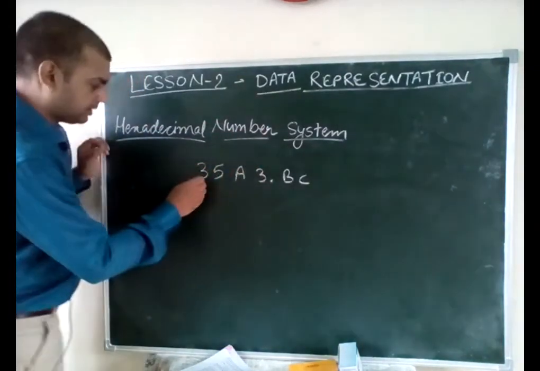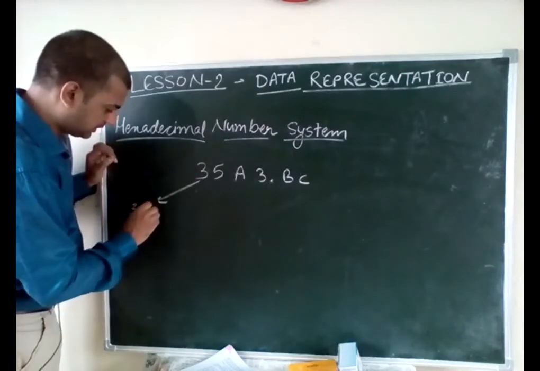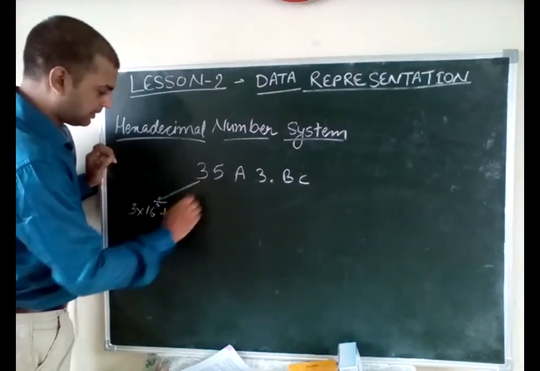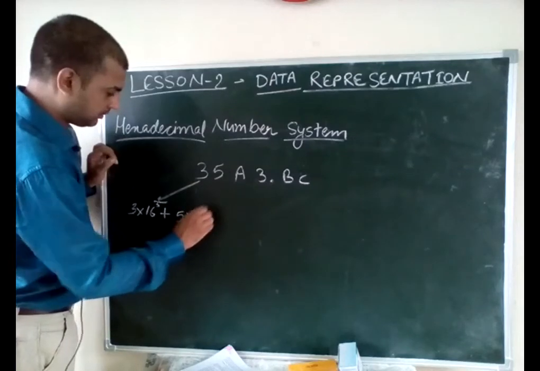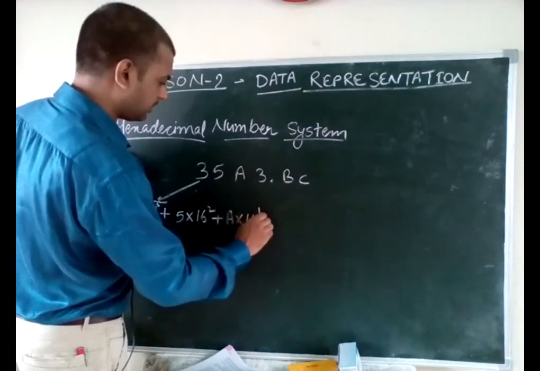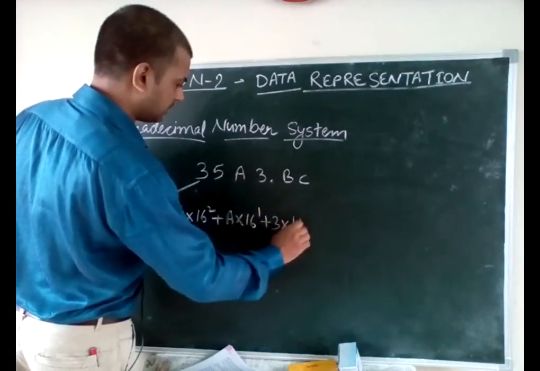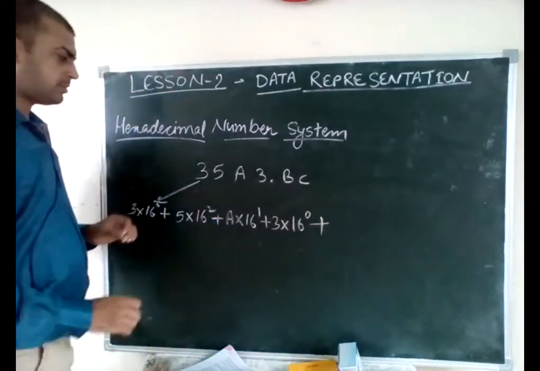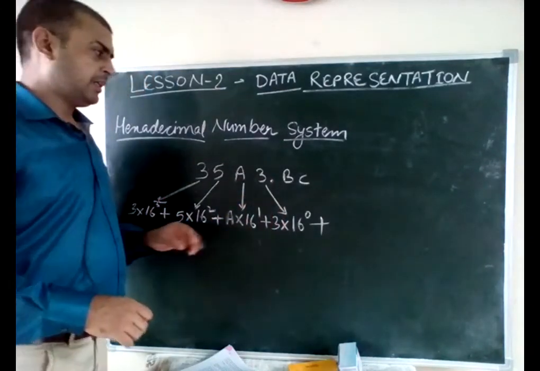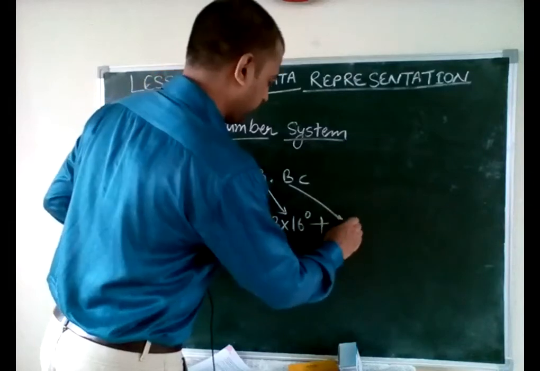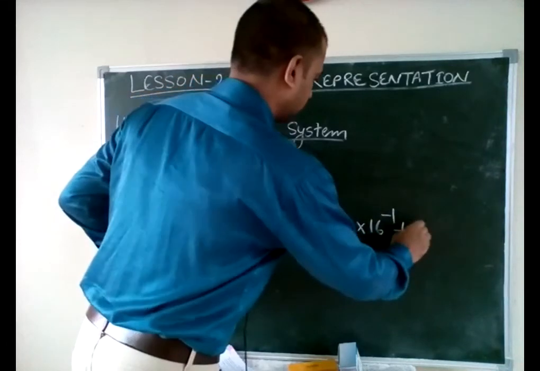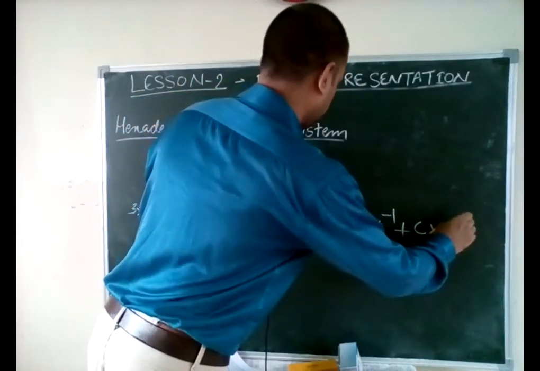This 3 into 16 to the power, you have to count, 1, 2, 3, 4 it is, so you will write 3, plus 5 into 16 to the power 2, plus A into 16 to the power 1, plus 3 into 16 to the power 0, plus for this B into 16 to the power minus 1, plus C into 16 to the power minus 2.